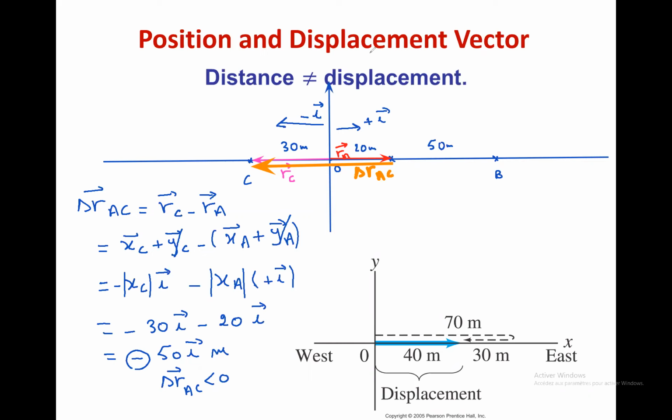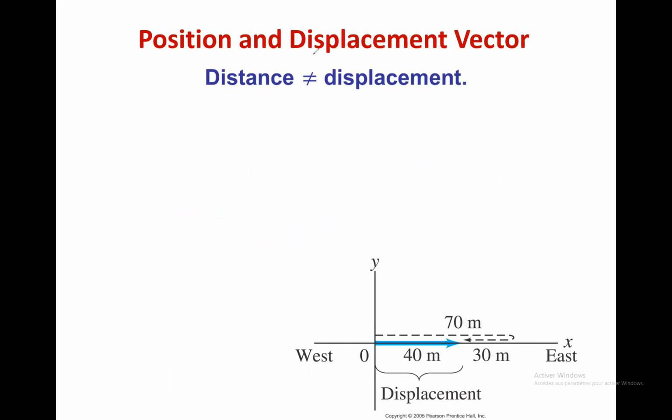The last one, what is the difference between the distance and the displacement? Here we have an example. Initially we have an object at the point O, pass like this and to the final point here.